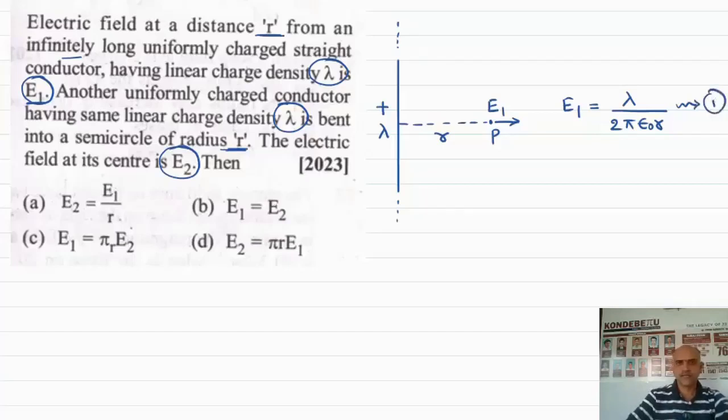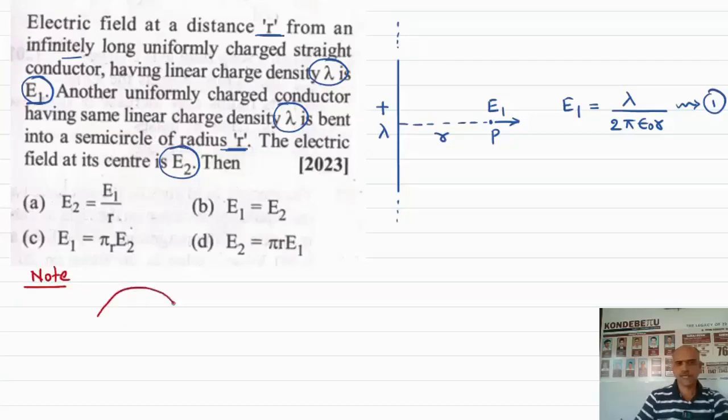Now the second part. Another wire having the same linear charge density is bent into the form of a semicircle. Here you should know this formula.